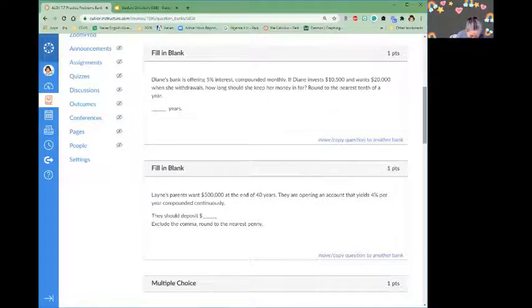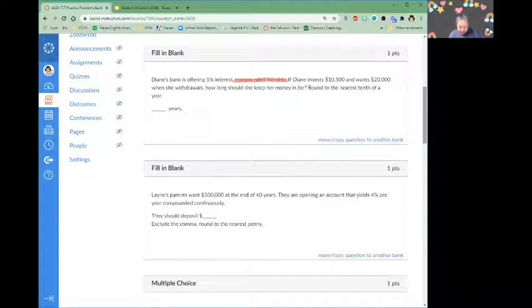So let's highlight compounded monthly here. By looking at this part, it indicates what kind of formula for us to use.